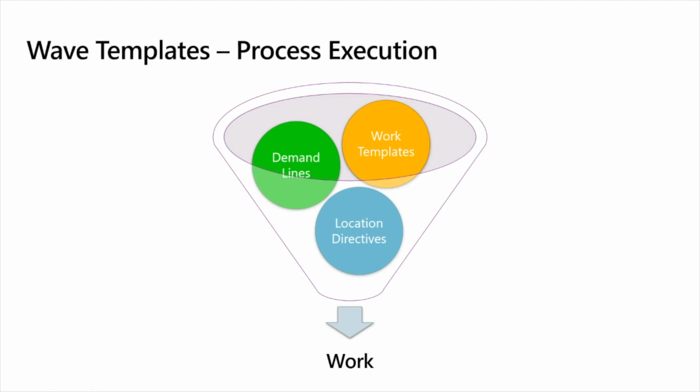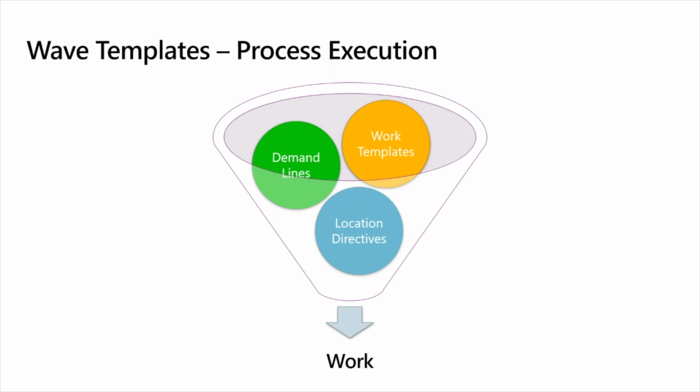Okay, and then as we move into some of our core configurations for processing, we have, first of all, our wave templates. This one we represent with a funnel to show that when we have demand lines, we need our wave templates if we are doing transactions that require work to be created.